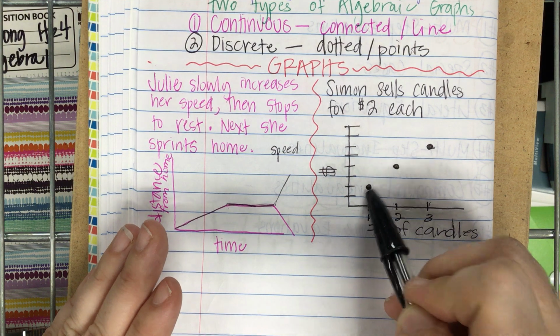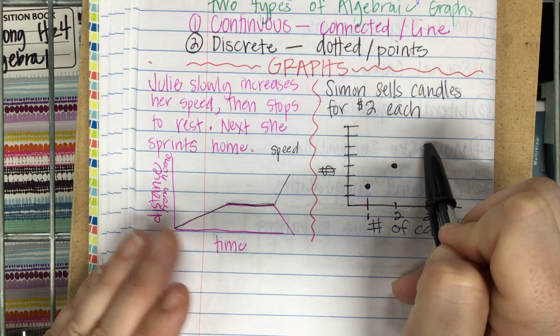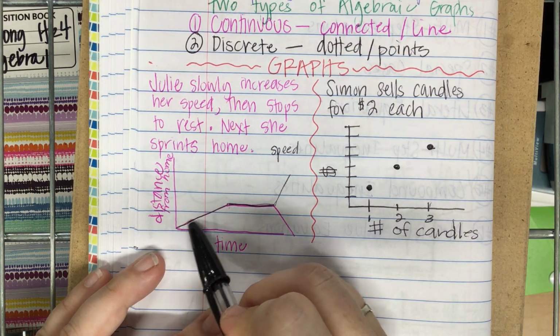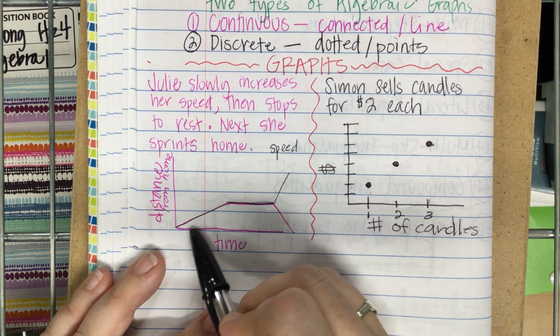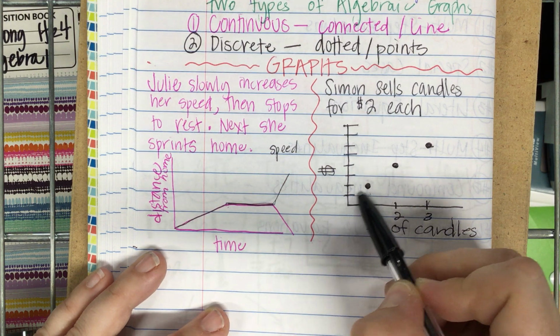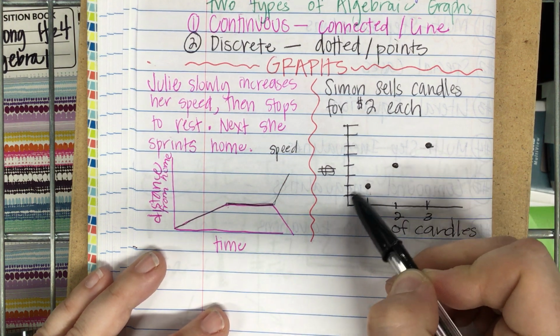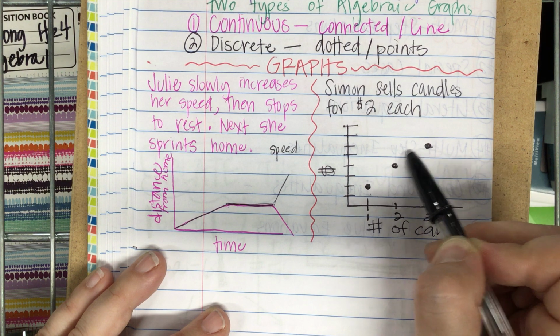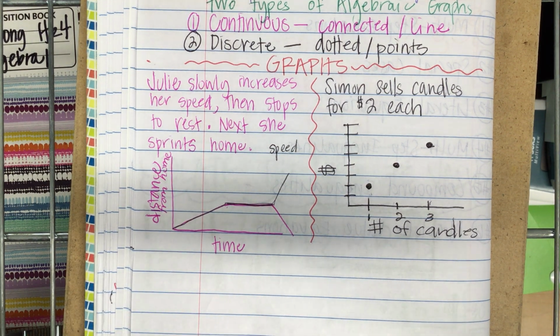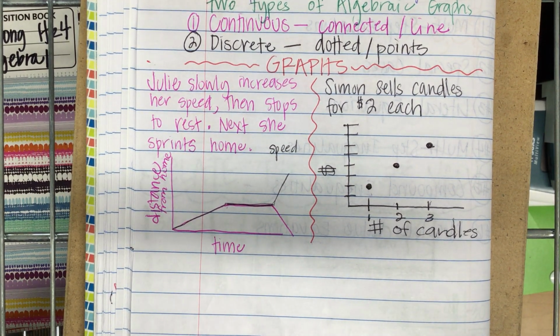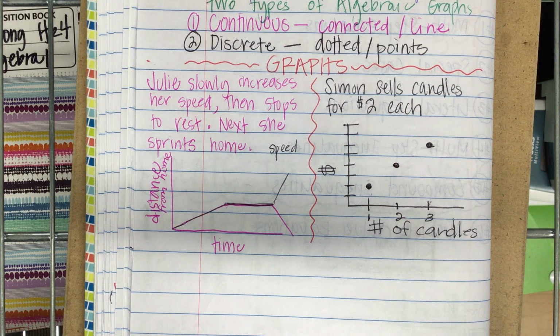So we have small pieces of data that are not connected because this is continuous because every piece of data can be attained. This is not. This is discrete because all of this in between cannot be received. He cannot say, oh, you know what? Today I actually made $74.32. It is in increments of 2 because that's how much one candle costs.